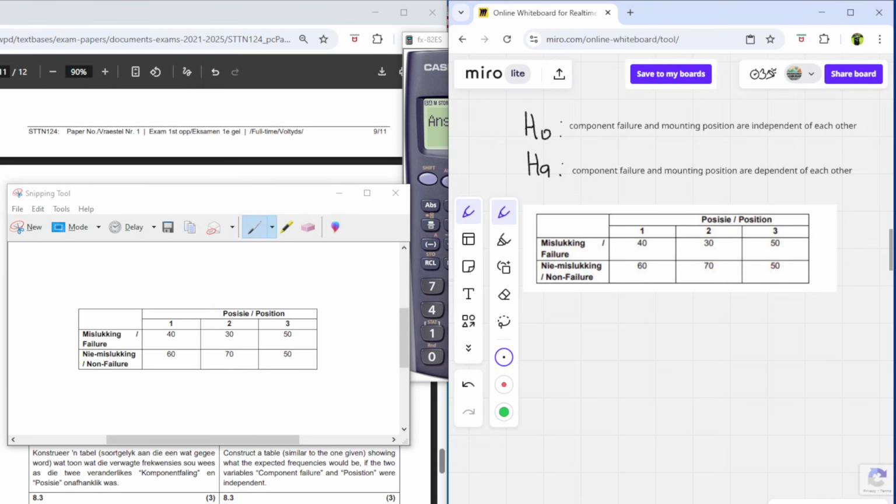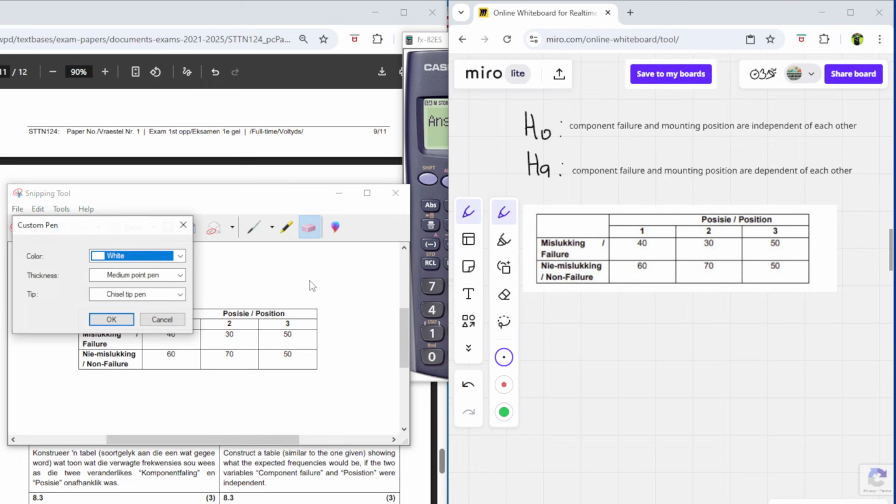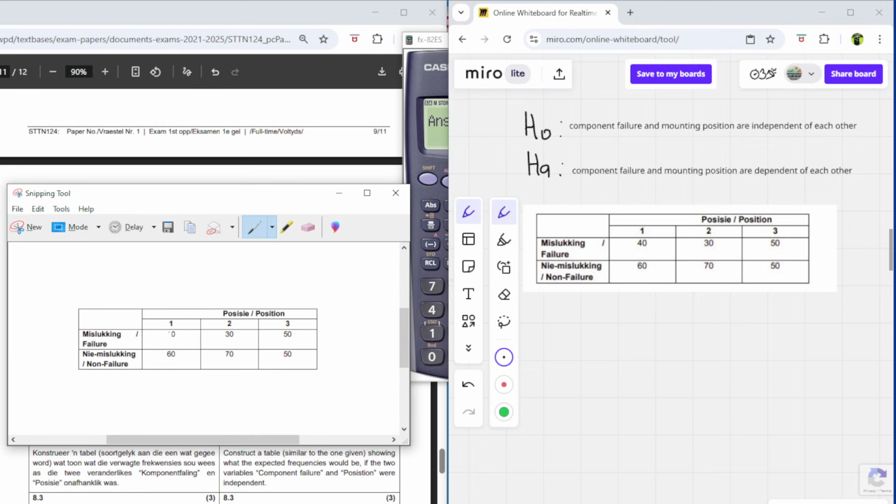Let me see if I can do some erasing of some parts. Okay, no, I can't. Let me use a pen. Let me customize it to be a thick point pen with a white color, so I can just erase these numbers here.